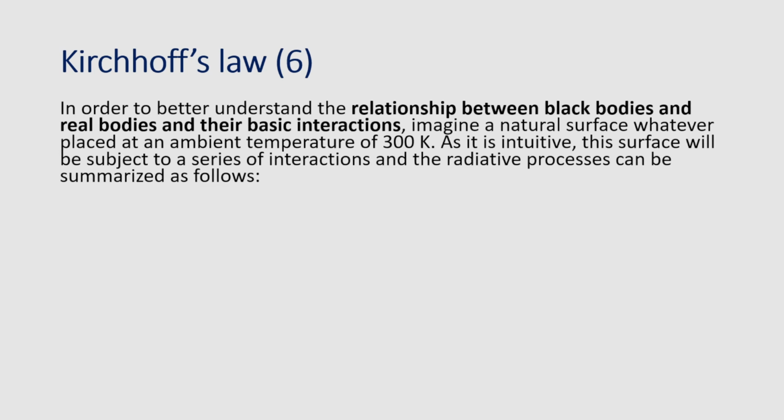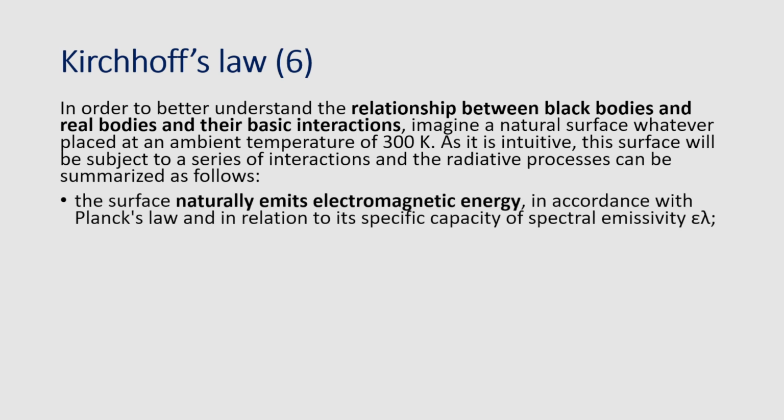In order to better understand the relationship between black bodies and real bodies and their basic interactions, imagine a natural surface whatever placed at an ambient temperature of 300 K. As it is intuitive, this surface will be subject to a series of interactions and the radiative processes can be summarized as follows.